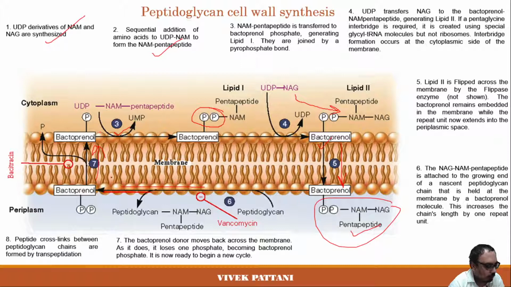And the peptide crosslinks between peptidoglycan chains are formed by transpeptidation. Once a unit of NAM NAG pentapeptide is added, how are they joined? They are joined by the transpeptidation process.